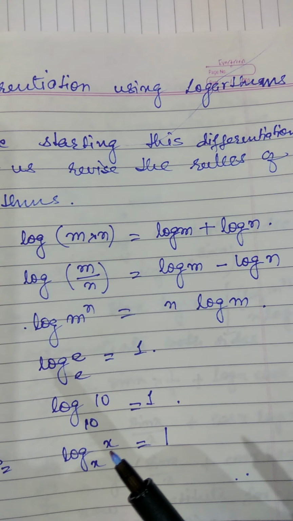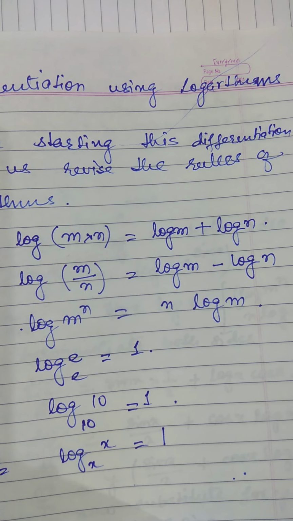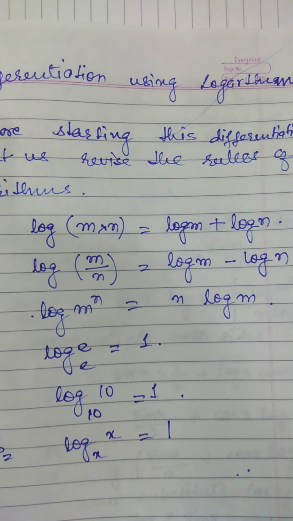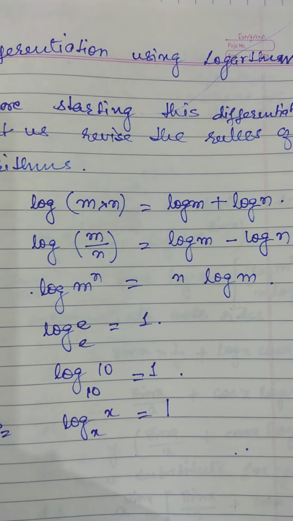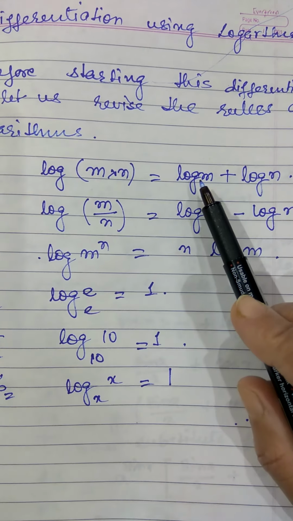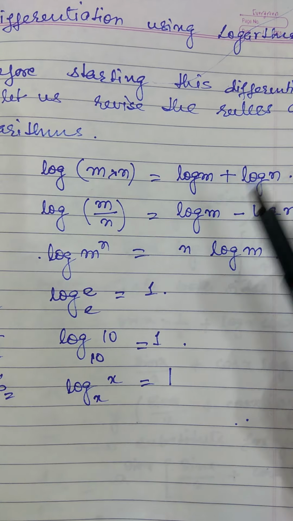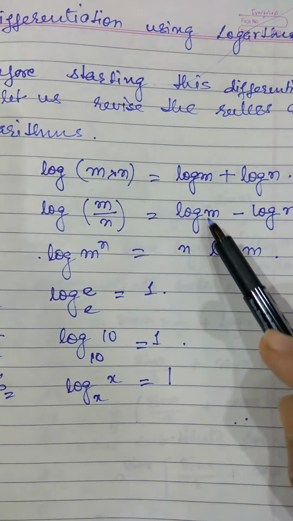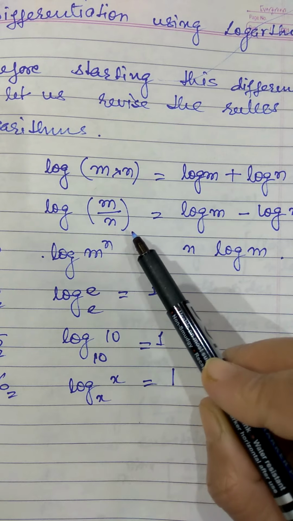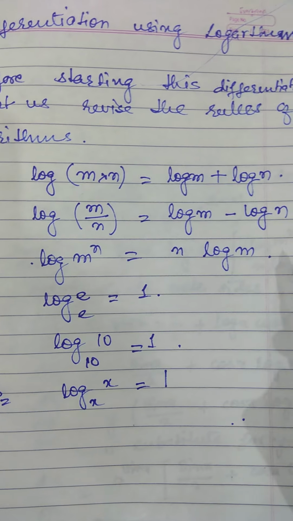Now comes differentiation using logarithms. Before that, let's revise the laws of logarithm. We have done this in class. log(mn) = log m + log n. log(m/n) = log m - log n. log(m^n) = n log m.